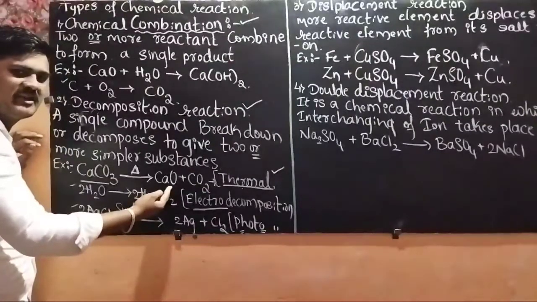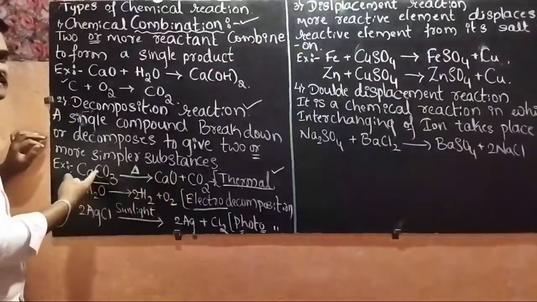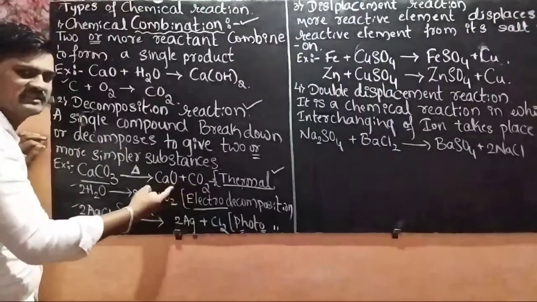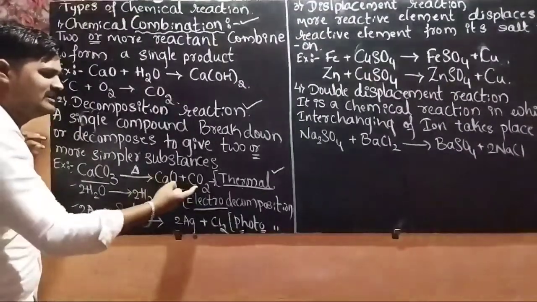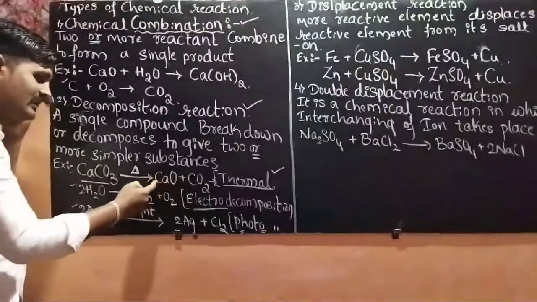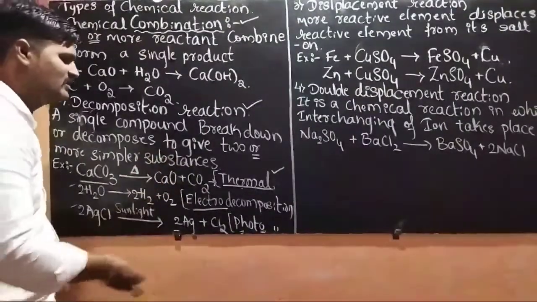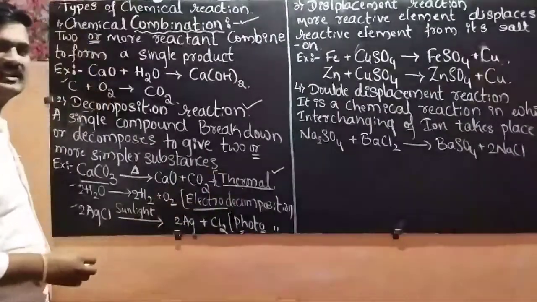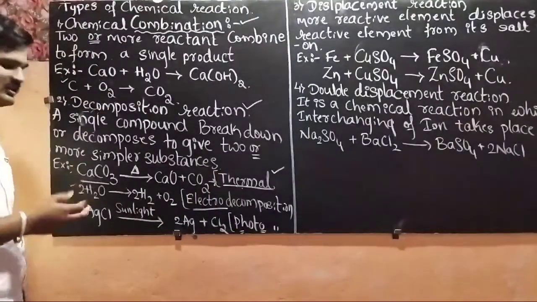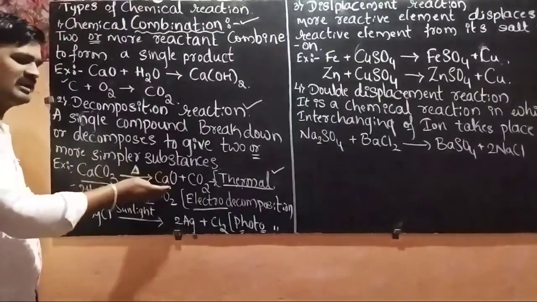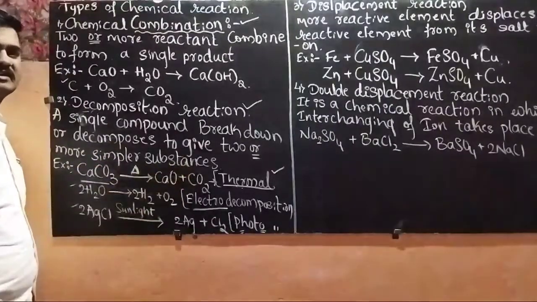After the chemical reaction, that single reactant breaks down into two new substances. Thermal means heat energy. When we give heat energy to calcium carbonate, it breaks down into calcium oxide and carbon dioxide.